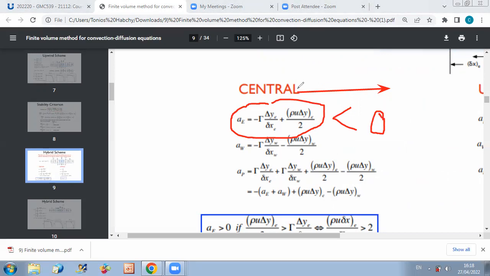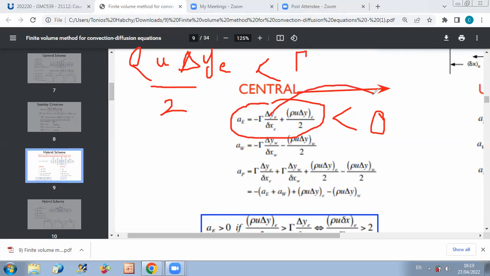However, this will not always be the case. What is the condition to have a negative coefficient? You should have rho times U times delta y east over 2 smaller than the diffusivity coefficient times delta y east over delta x east, taking this term to the other side.